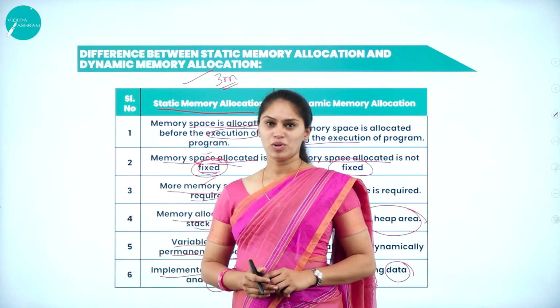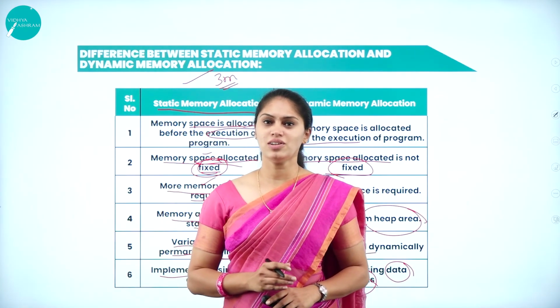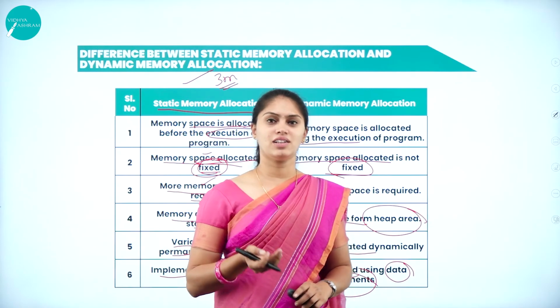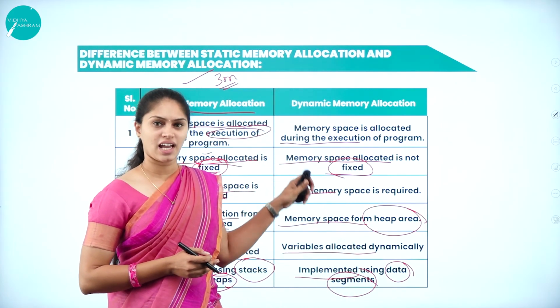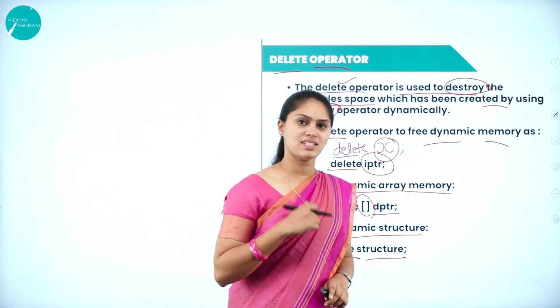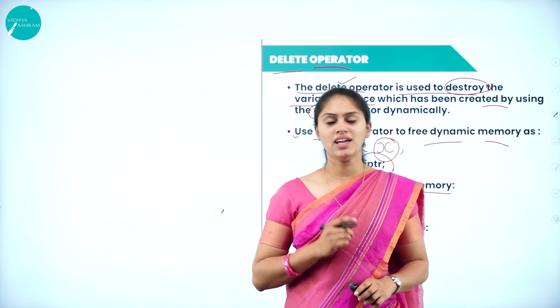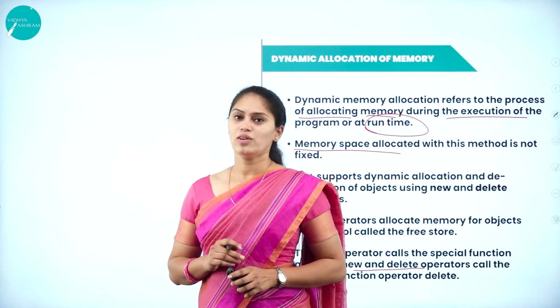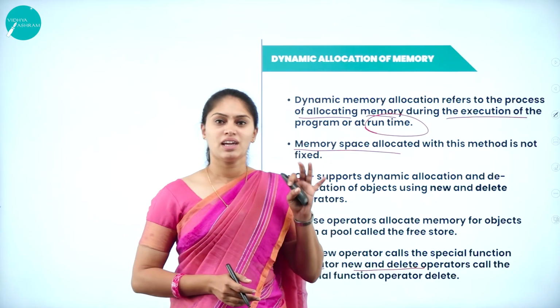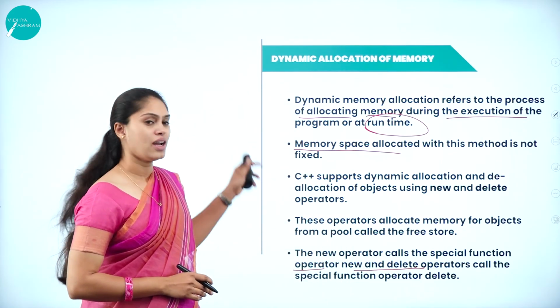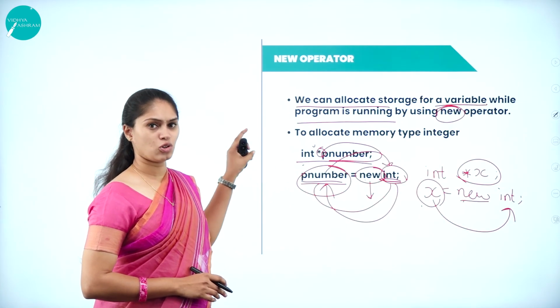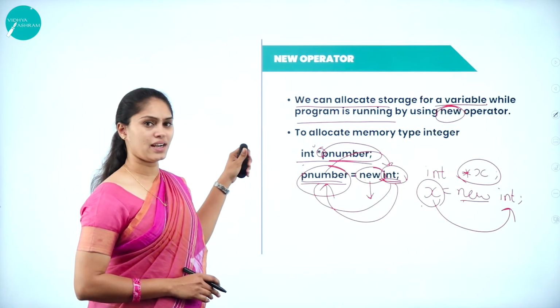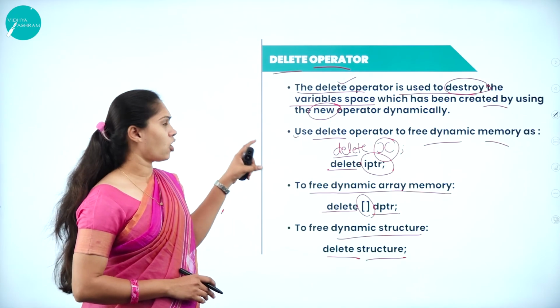So it's all about today's session. I hope you understood. In this session, we have learned the differences between dynamic allocation of memory as well as static allocation of memory. If it is static, what method do I have to follow in order to allocate the memory? If it is dynamic, at that time I have to take two operators, that is the new operator as well as the delete operator.